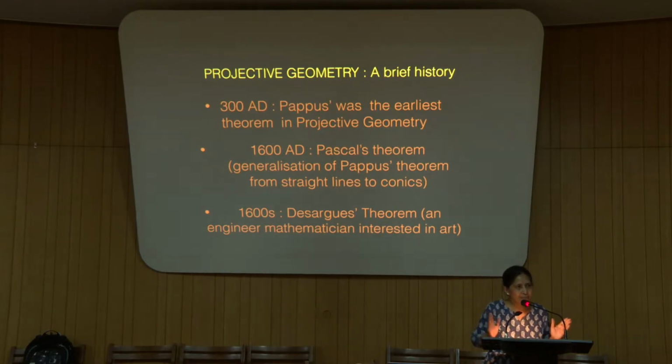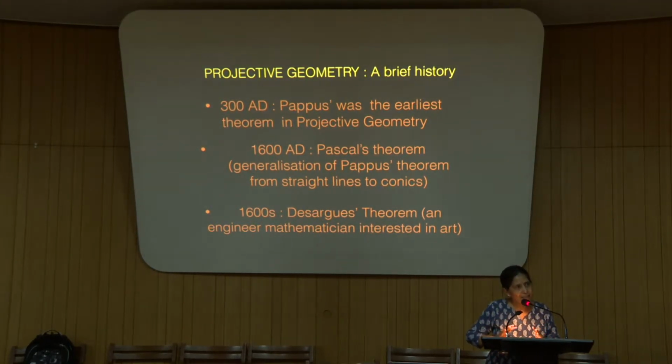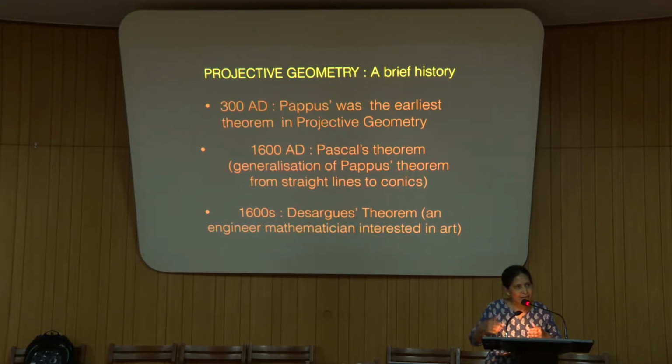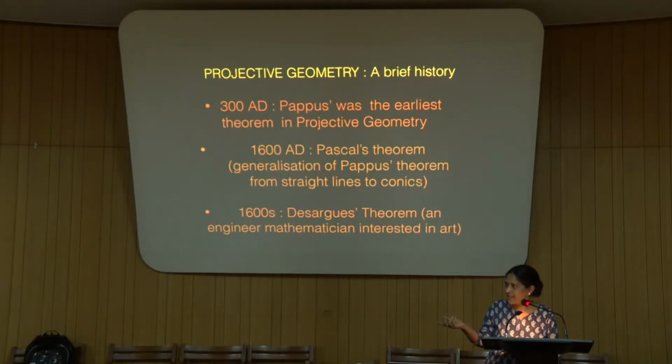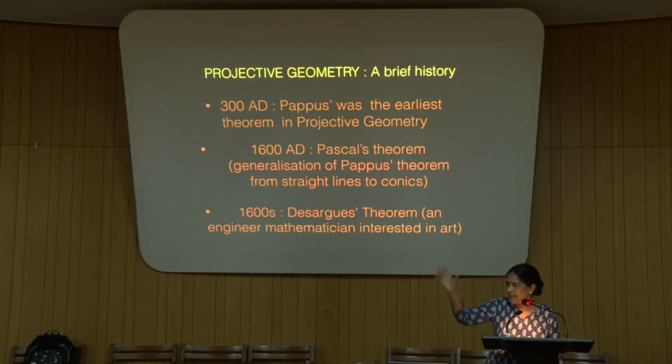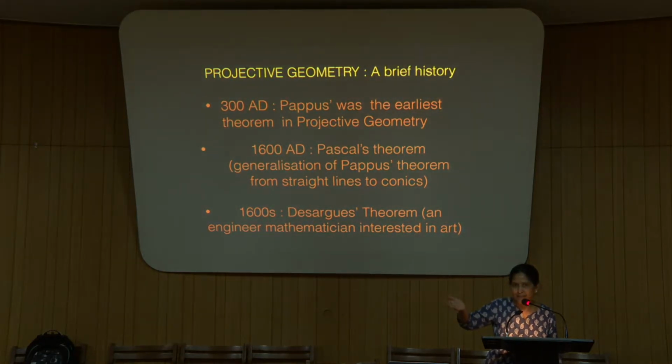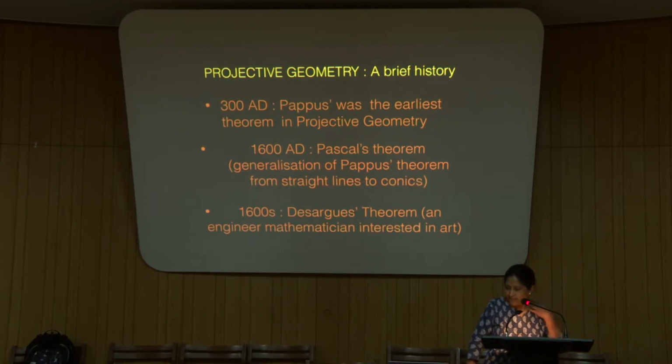So Pappus's theorem had to do with straight lines, and Pascal's theorem is essentially Pappus's theorem translated to conics. Conics are conic sections: you take a cone and a plane, and depending on how you slice the cone, you get different curves, parabola, hyperbola, all these things.